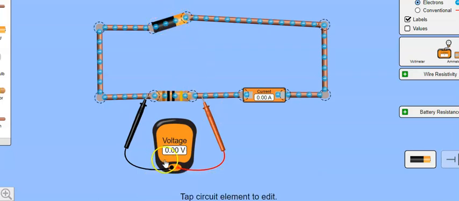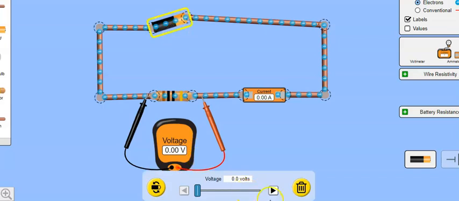And when the voltage is 0, as read on the voltmeter, the voltage between the ends of the resistor, then the current flowing through the resistor is also 0. That is not a surprise. We said a voltage pushes a current, so if there's no voltage to push a current, the current will be 0. Let's just increase the voltage in equal jumps and see what happens to the current.